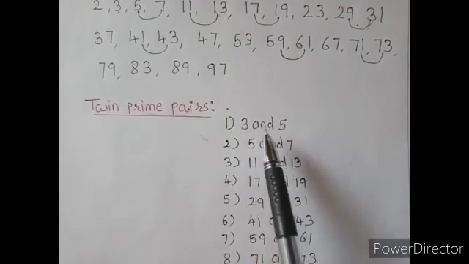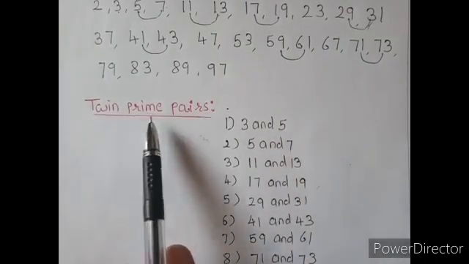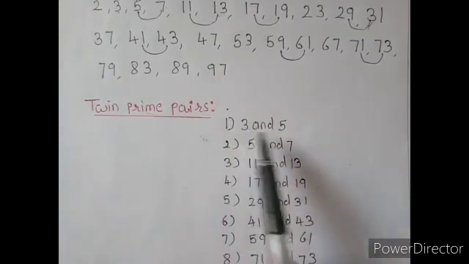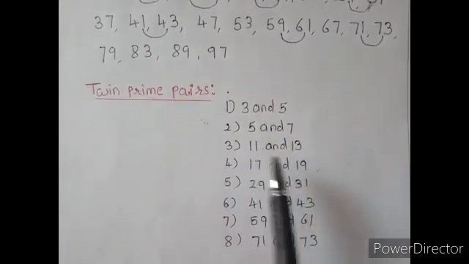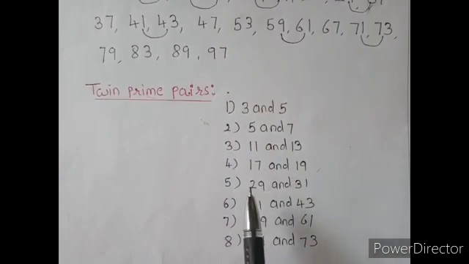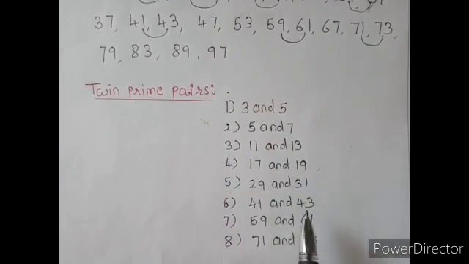These are 8 pairs of twin prime numbers. So 3 and 5, 5 and 7, 11 and 13, 17 and 19, 29 and 31, 41 and 43, 59 and 61, and last pair is 71 and 73.